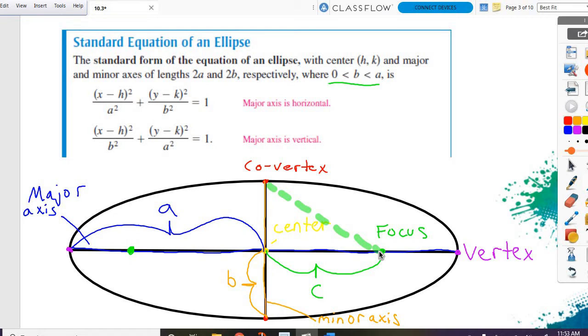Do y'all see that? From my co-vertex to my focus. Yes? What type of triangle would that be? Right triangle. So then notice that, okay, this length is C, right, my base. My height would be what? B, right, because it has to be symmetric.